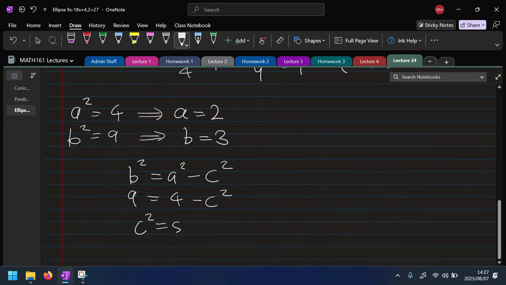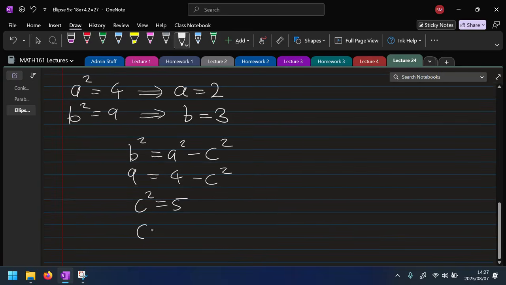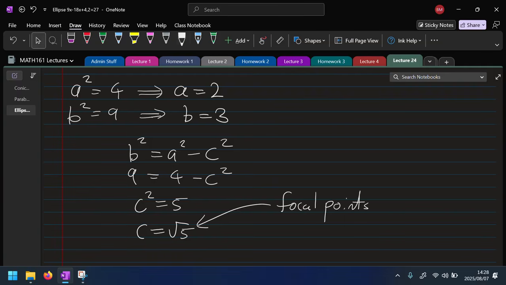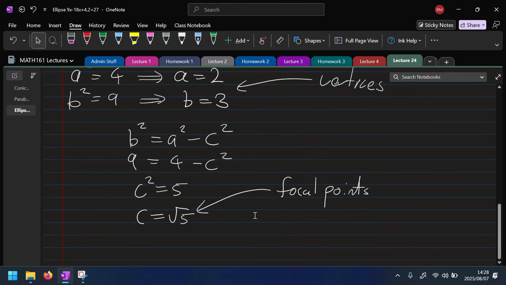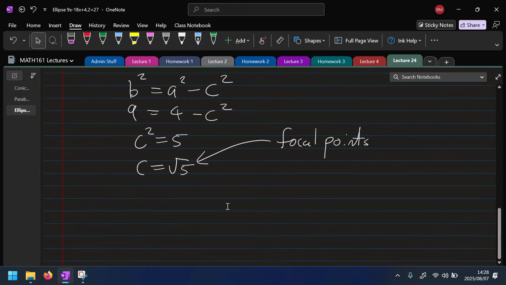So c squared will be 5, so c is root 5. That c value gives us our focal points, and a and b give us our vertices. So we have everything we need. We've got a, b and c, so we can fill in the rest.